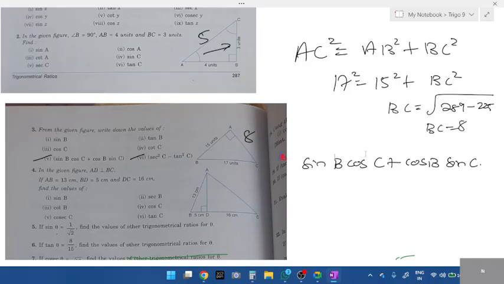Okay. Tell me, sin B. What is sin B? What is the sin formula? From angle B, which is perpendicular for angle B? It's not 15, right?